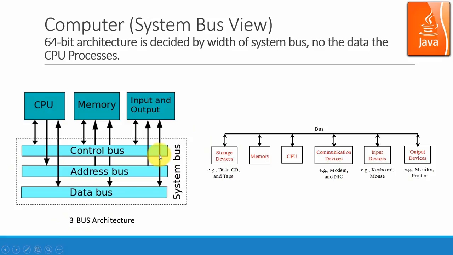A bus is hardware that you use to transmit data from an input device to memory, or memory to CPU to do processing, or CPU to deliver data to memory, or memory to dump the output to a certain output device. The control bus issues control commands to the hardware to allow it to access the bus. An address is used to locate a certain memory location for the data to be read in or read out.